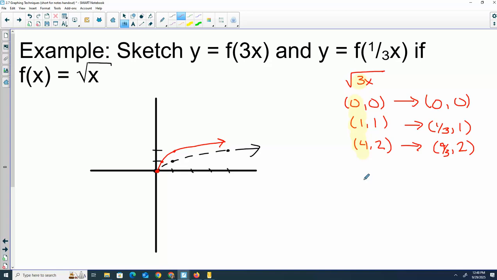So inside is my x. It does the opposite. So multiplying x by 3 is really like a horizontal compression. I'm taking that and I'm squeezing it in, which causes it to get taller when I do that.